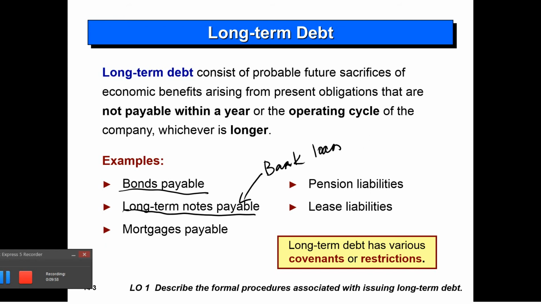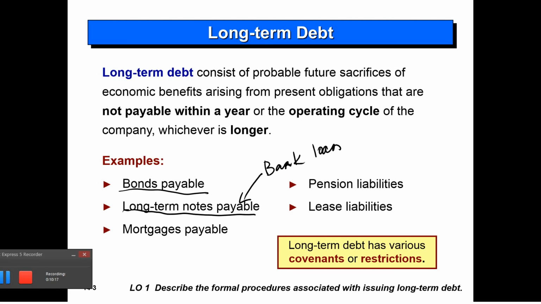A small company doesn't have a strong reputation. Not many people know about this firm. As a result, it will be very challenging for small firms to go straight to issuing bonds.